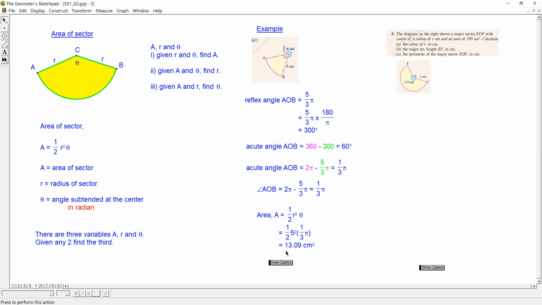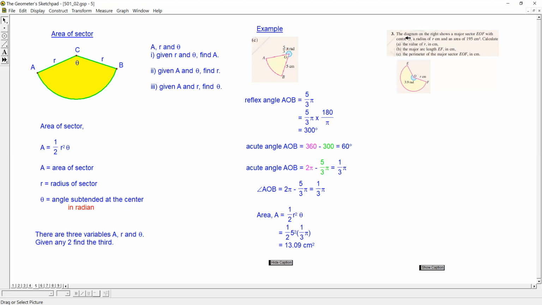So the answer is 13.09 centimeter squared. Very simple, direct use of the formula half r squared theta. No tricks except this one, which maybe you think is a trick. So you have to memorize it.